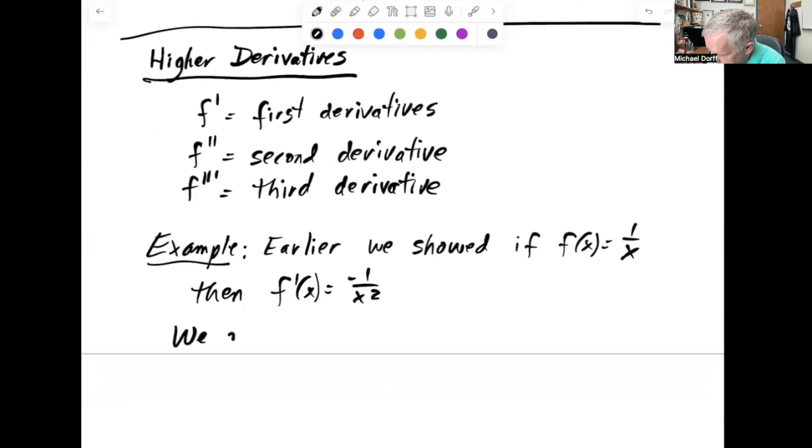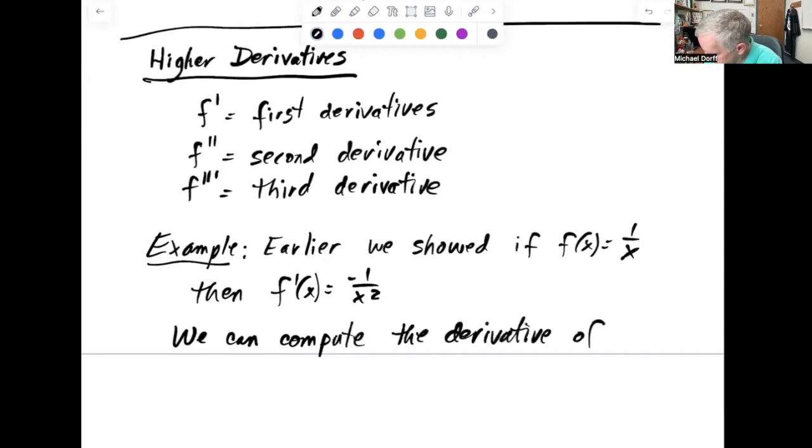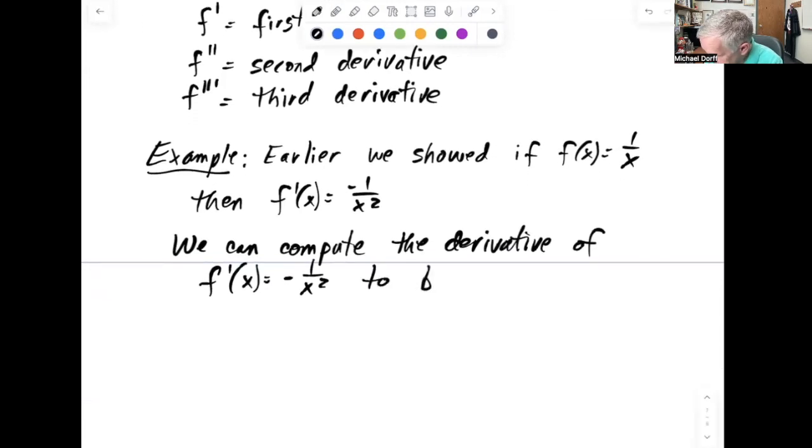We can compute the derivative of f prime of x to be f double prime of x, and that was going to equal then 2 over x cubed.